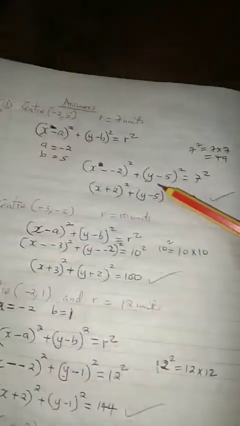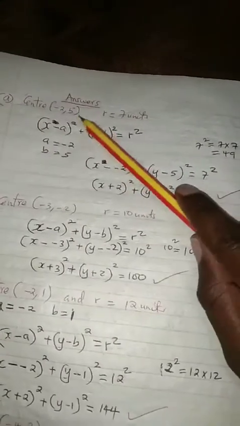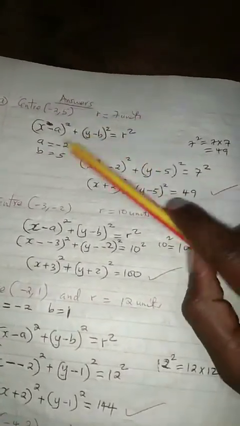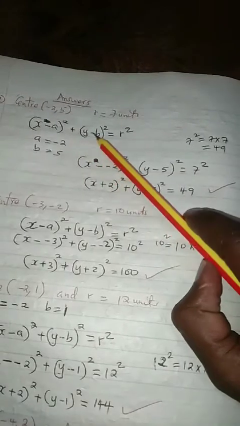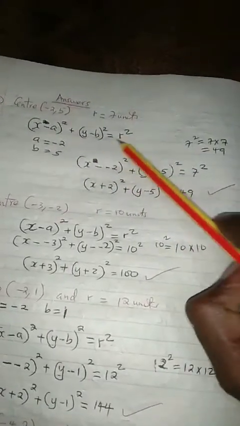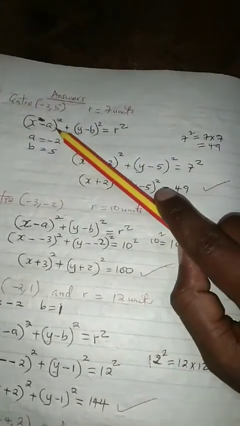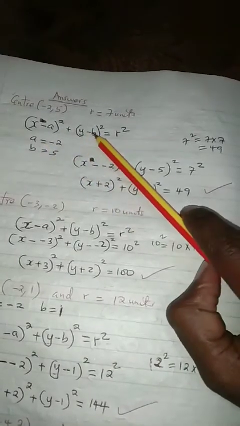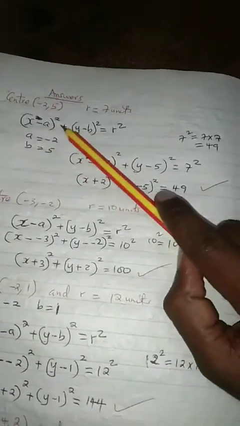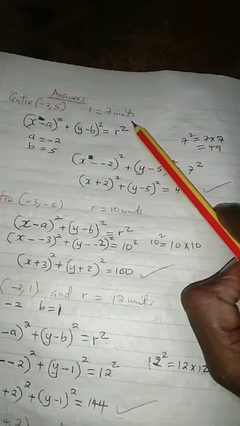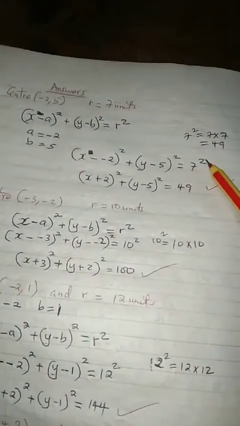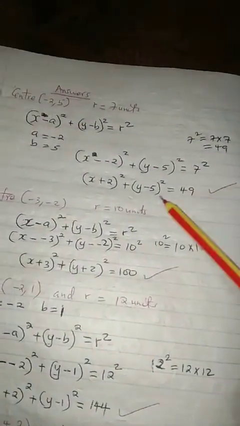Pause the video. So after doing that work, you need to check: the center is given as (-2, 5). The general equation is (x - a) squared plus (y - b) squared. So where there is a, I substitute, and y you don't interfere with, and the square also you don't interfere with, only this side. So radius 7 squared means 7 times 7, you get 49.